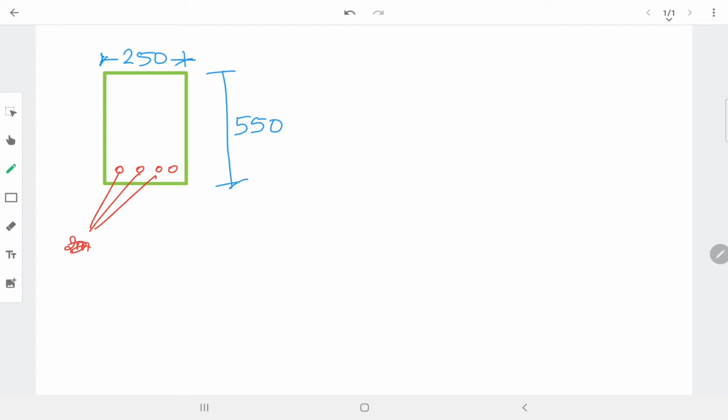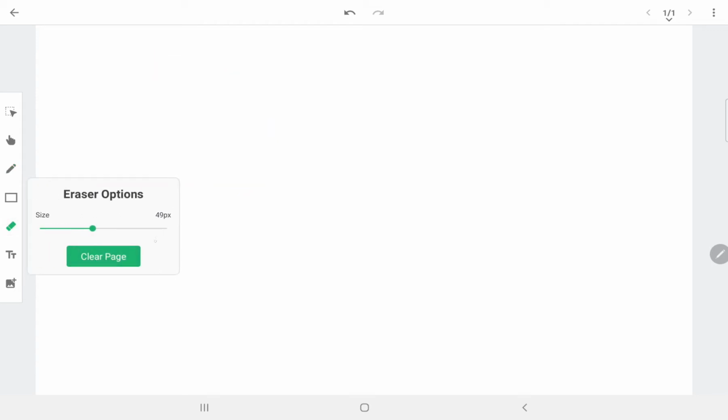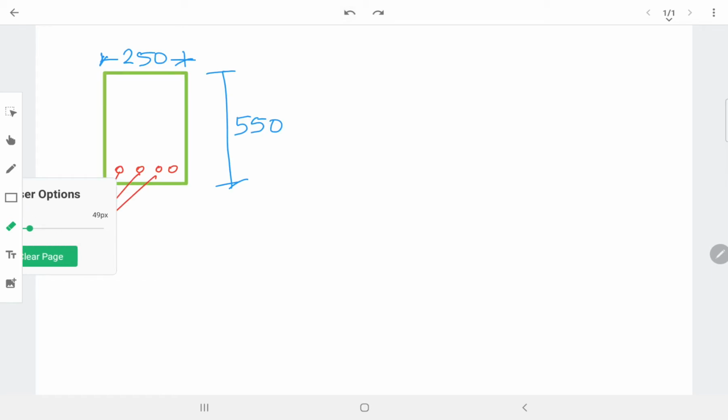Actually these are not available in the market, but we are taking an example, so it is 4 bars of 22 mm. Apart from this, the grade of concrete we are taking is M20 and grade of steel is Fe 415.